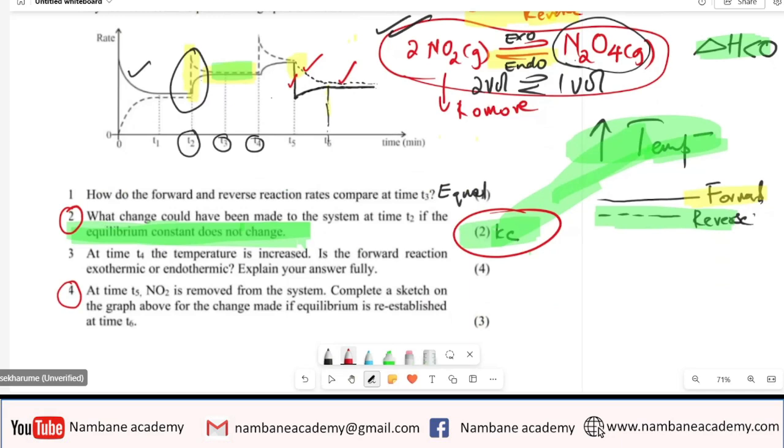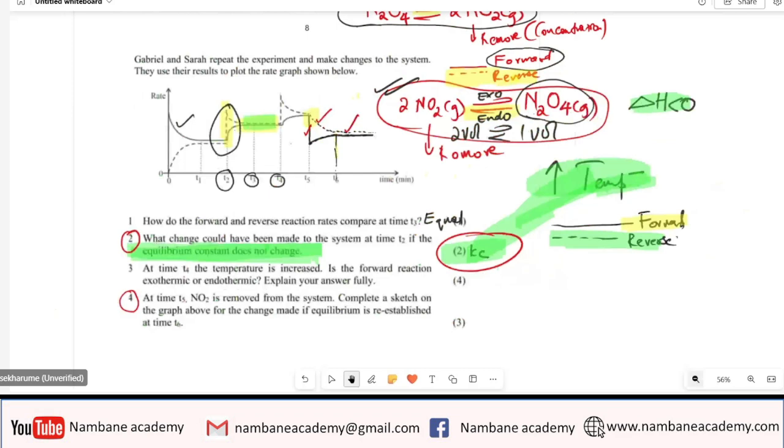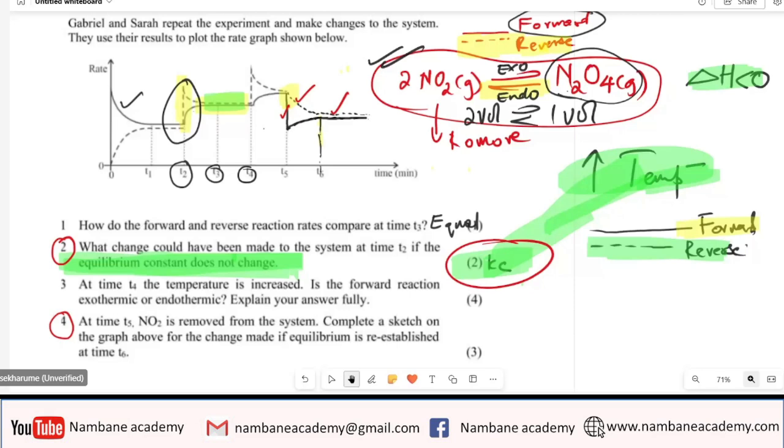Now the delta H was not given, because they are asking about delta H: is it endo or exo? So at T4, there's an increase in temperature. Is the forward reaction exo or endo?